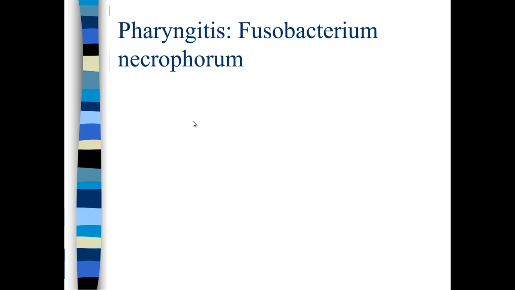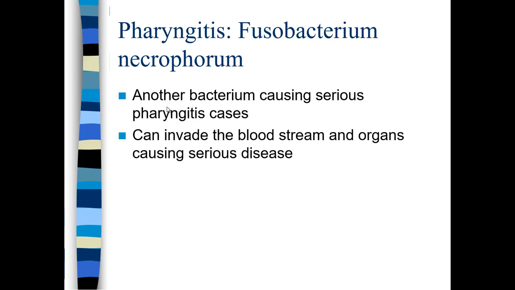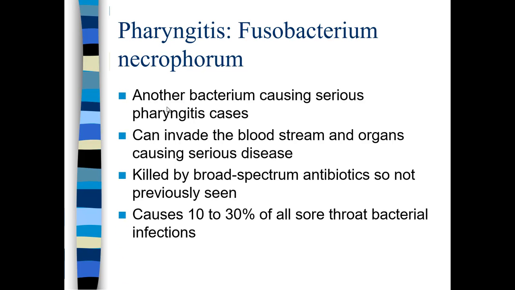Another type of bacterium is Fusobacterium necrophorum, excuse me. This causes serious pharyngitis. It can become systemic, and it's very susceptible to broad spectrum antibiotics, and it causes maybe 10 to 30% of all sore throats.